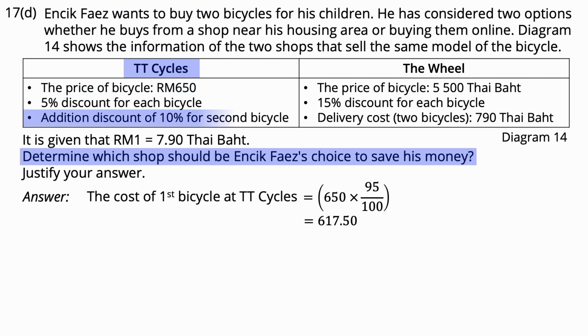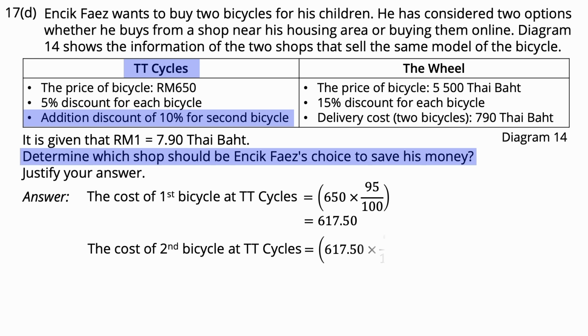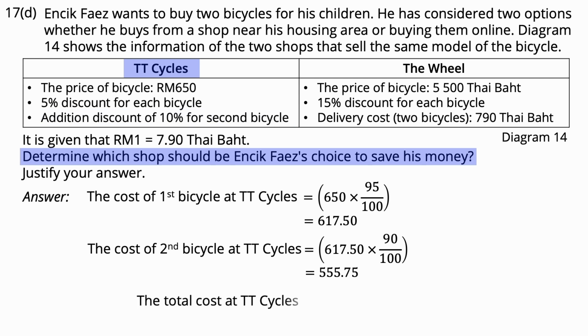An additional discount of 10% for the second bicycle. Apply an additional 10% discount on this reduced price. 617.50 times 90% equals 555.75 ringgit Malaysia. The total cost at TT Cycles is 1,173.25 ringgit Malaysia.